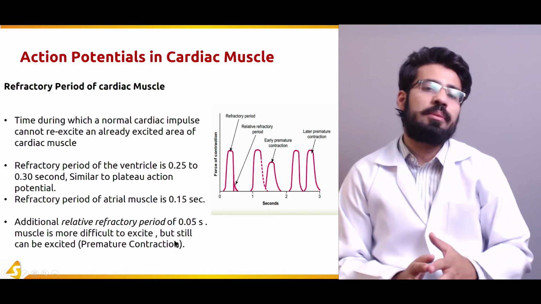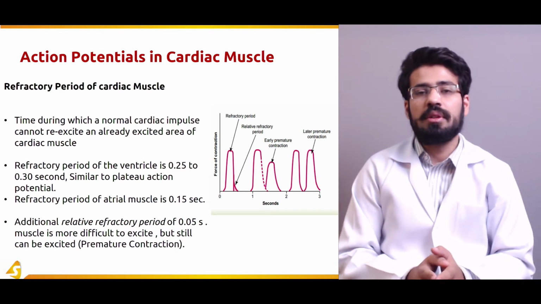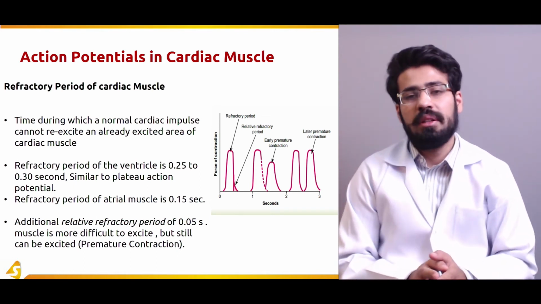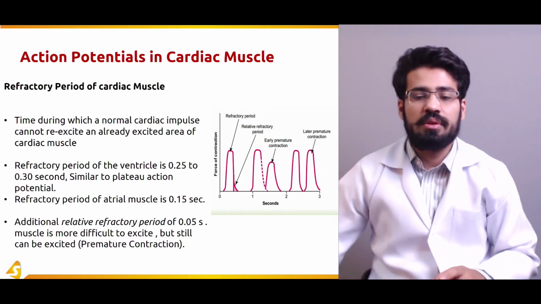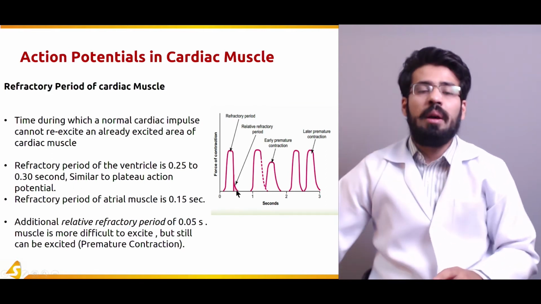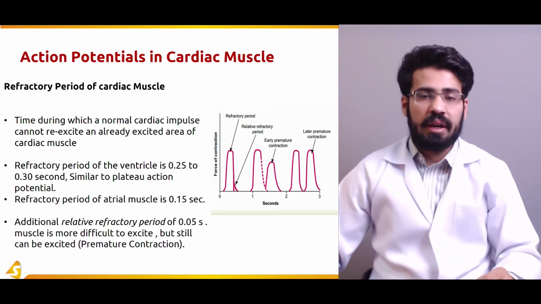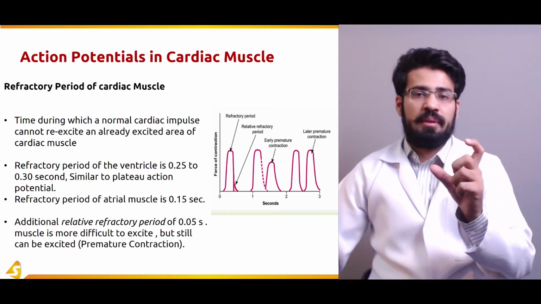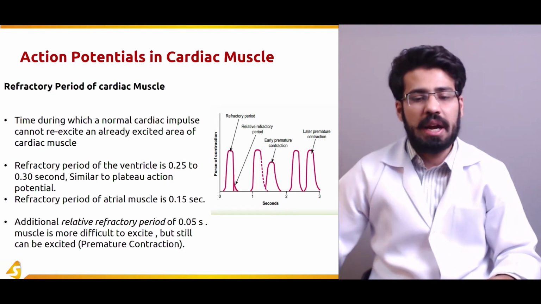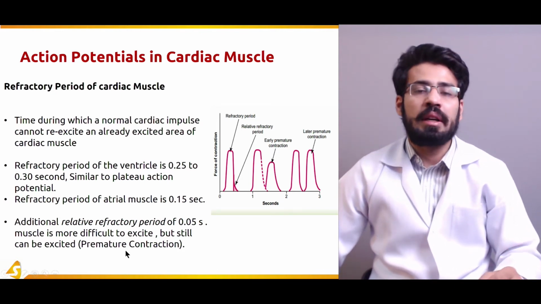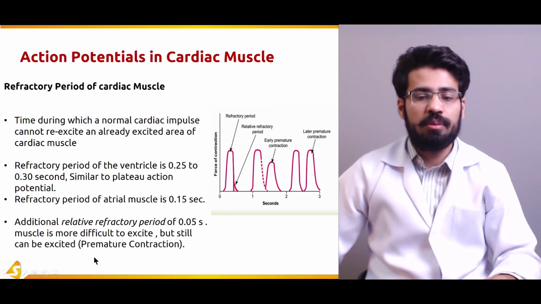So this is not the mature contraction, because the mature contraction would have started after the refractory period is over. But if the contraction starts just before the end of the refractory period, within that 0.05 second time span, we will consider this a premature contraction.